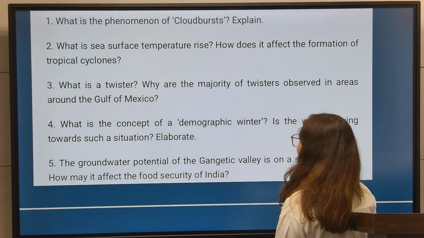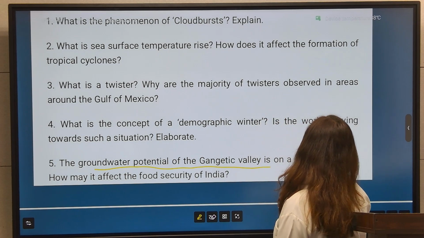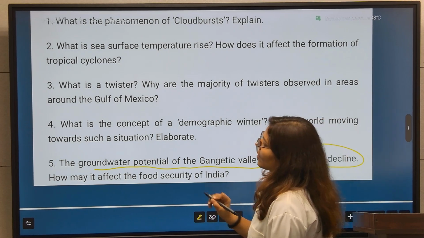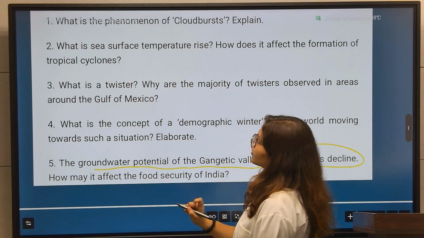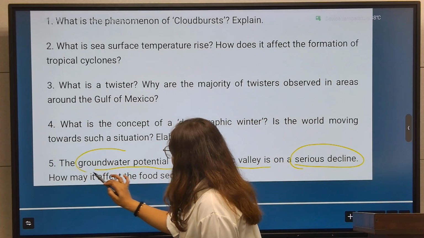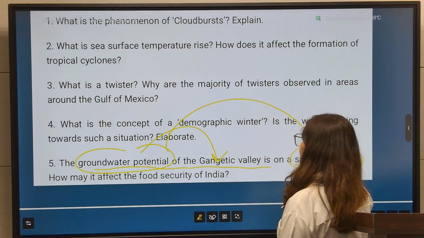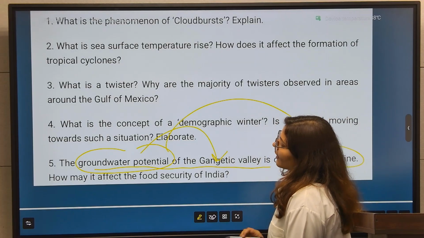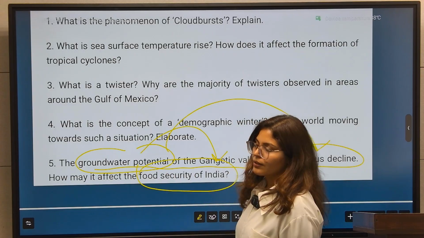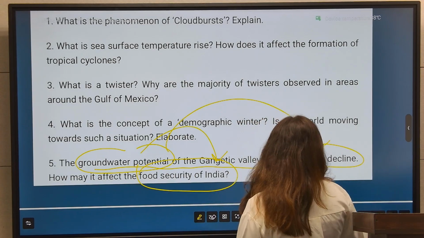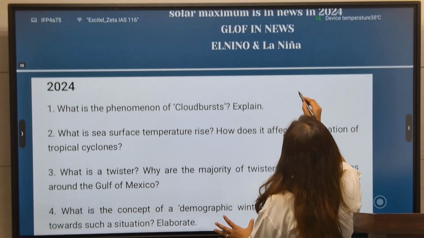Fifth question: the groundwater potential of the Gangetic Valley is on serious decline. How may it affect the food security in India? So in this way, you have to make notes on geography, static plus current.